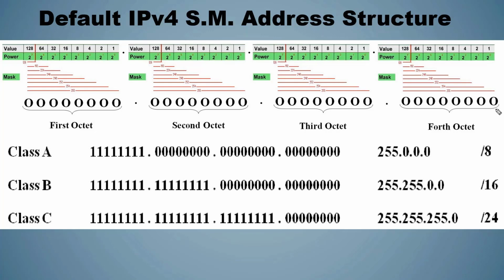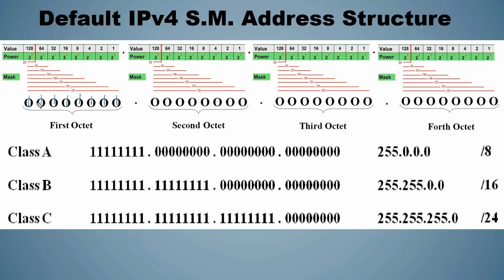If we take a look at class A, for example, in the first octet all the 8 bits are turned on. So anytime we turn on all the 8 bits, for example for class A, 1, 2, 3, 4, 5, 6, 7, 8, all the 8 bits are turned on.